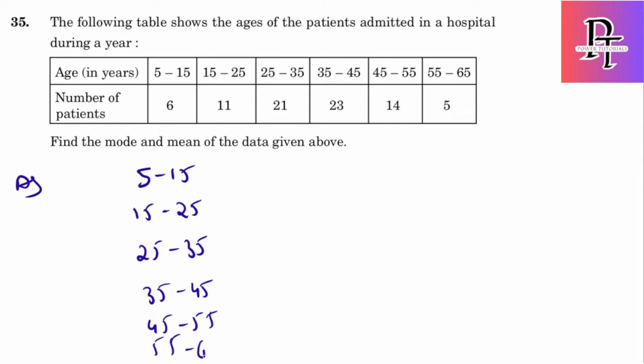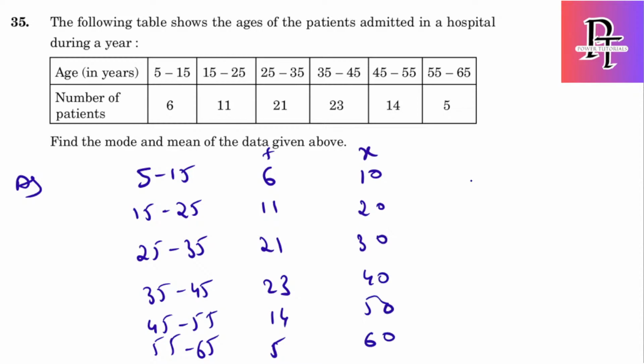Let's set the frequency values. F values are 6, 11, 21, 23, 14 and 5. X is nothing but the mid values of these, which are 10, 20, 30, 40, 50, 60.